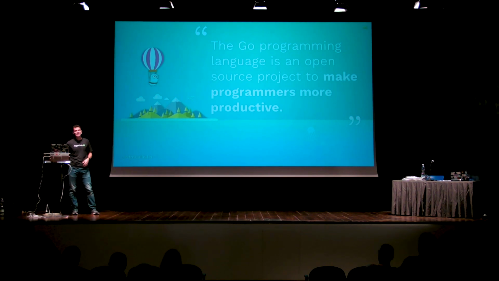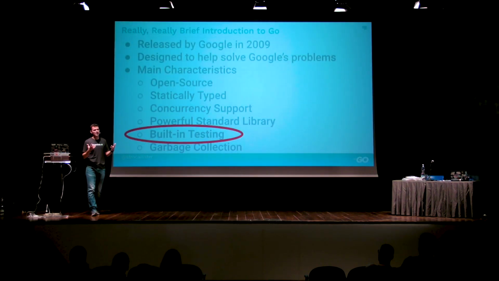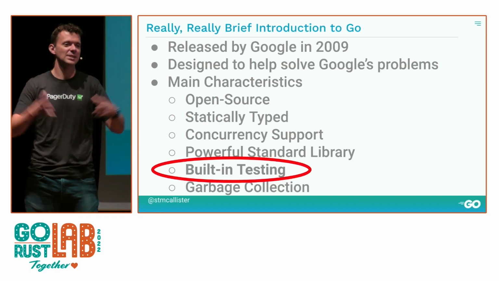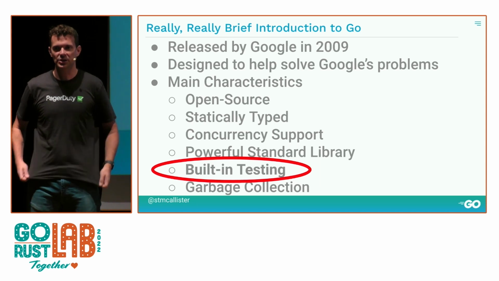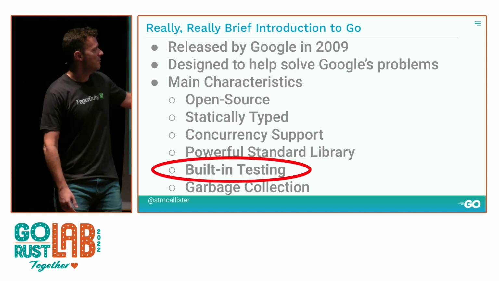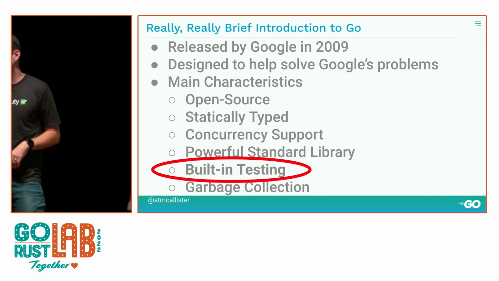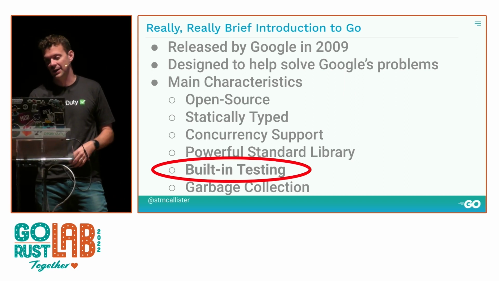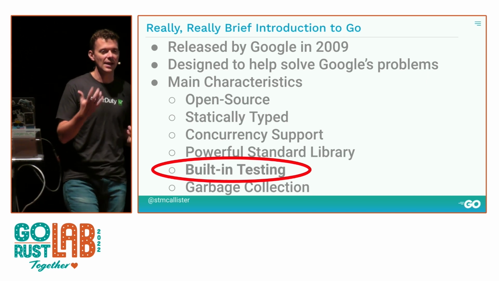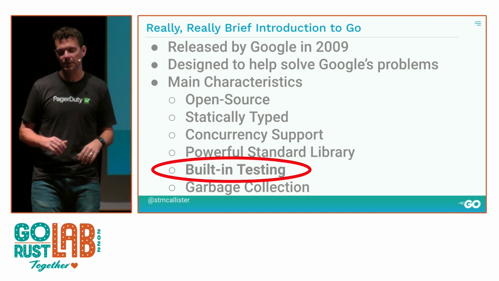There's a lot of promises that Google gave us when they built the Go programming language and the Go team, not just at Google. But the main thing: built-in testing, testing built into the library. And so that's when I started discovering what I could do with the library that's already built inside of the language.